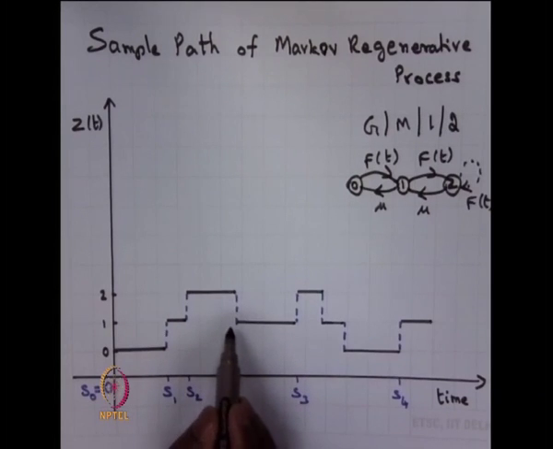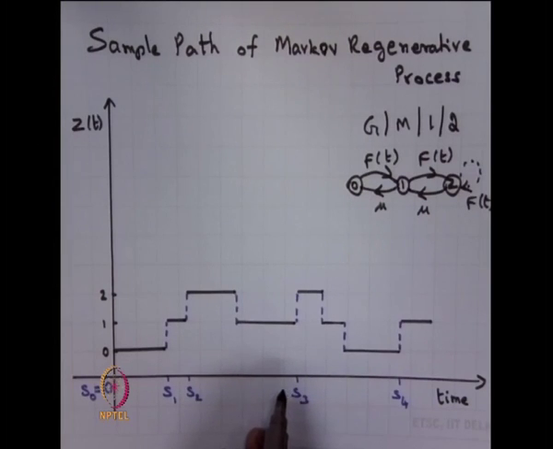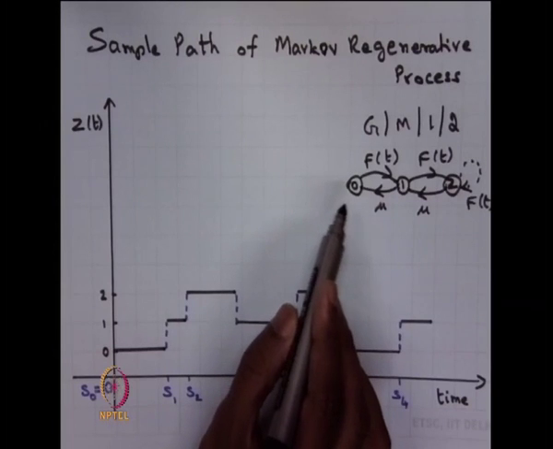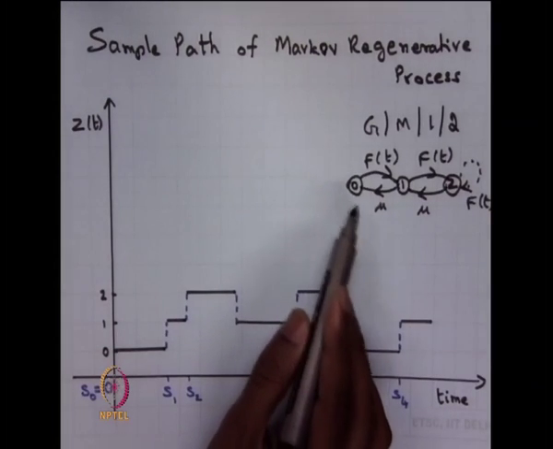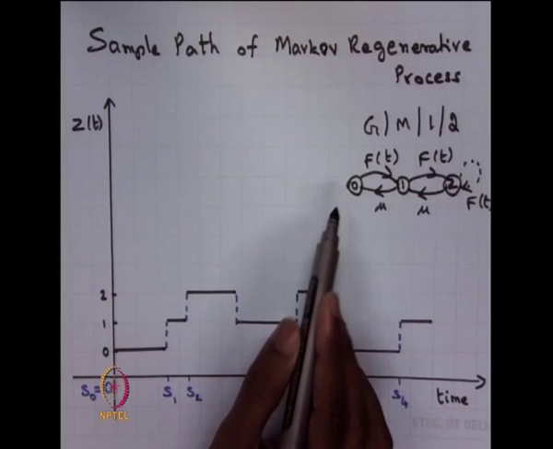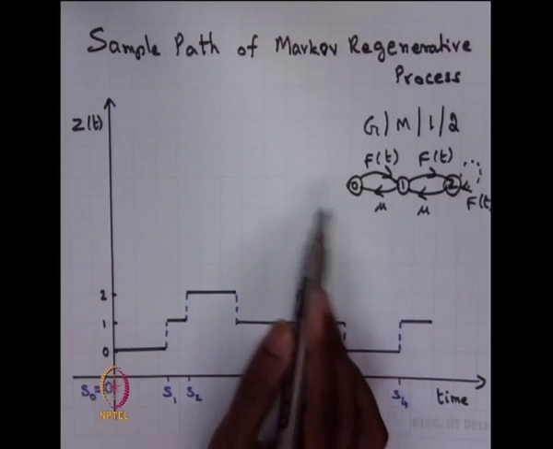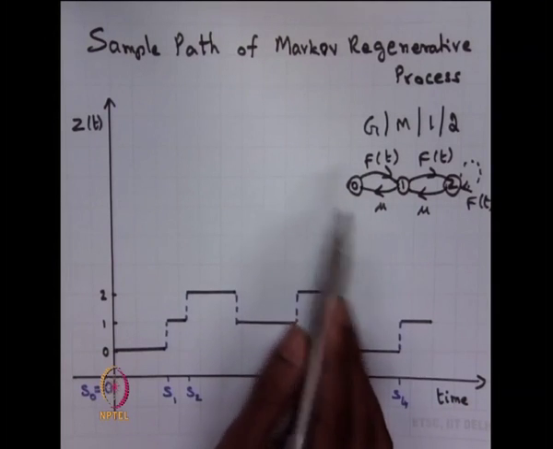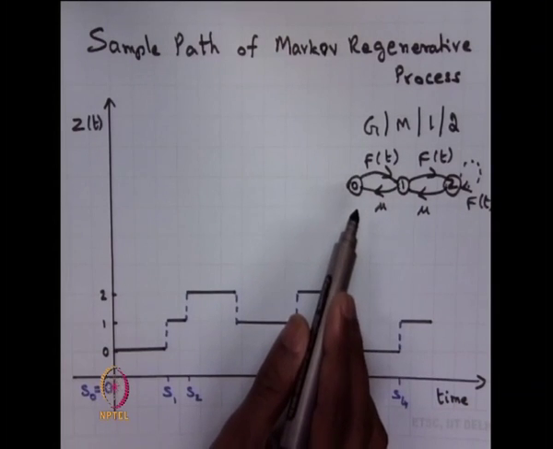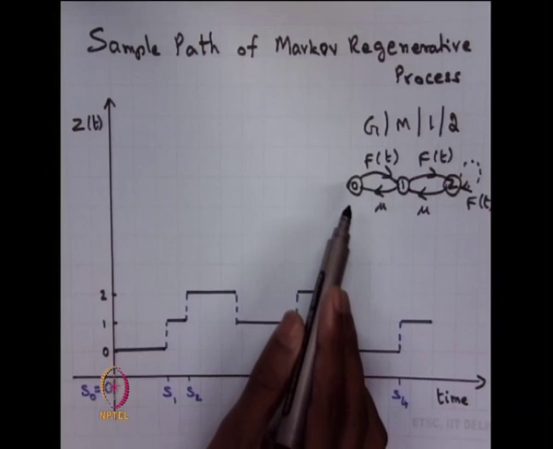at the time of service completion epochs, still we should know how much time has elapsed toward the next arrival, because the inter-arrival time can now be any distribution, not exponential. If it is exponential, then the memoryless property is satisfied. Therefore, the residual or elapsed or remaining inter-arrival time is also exponential if inter-arrival times are exponentially distributed.